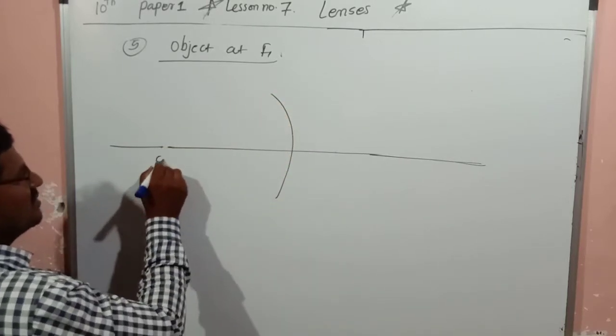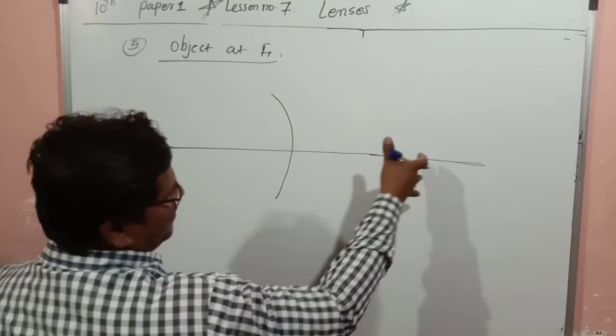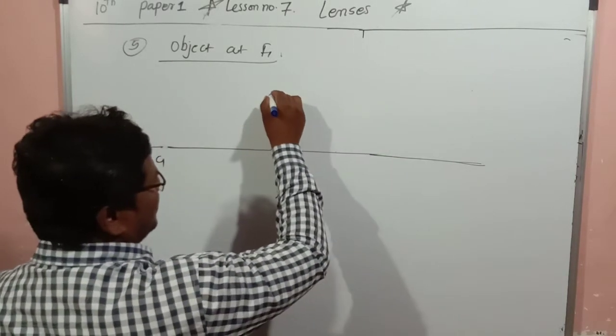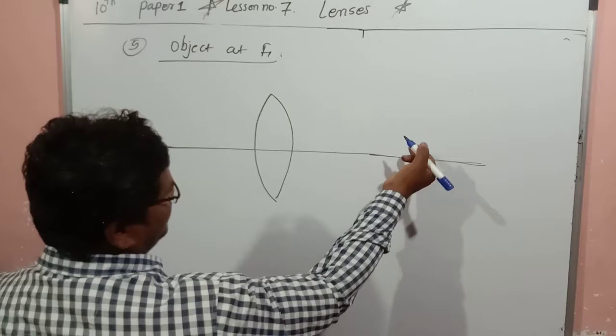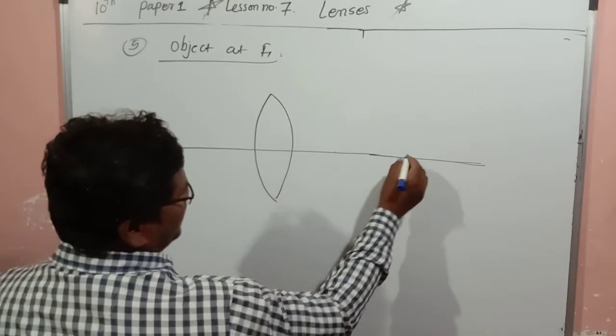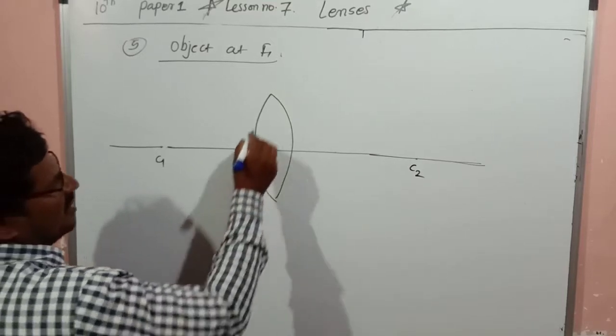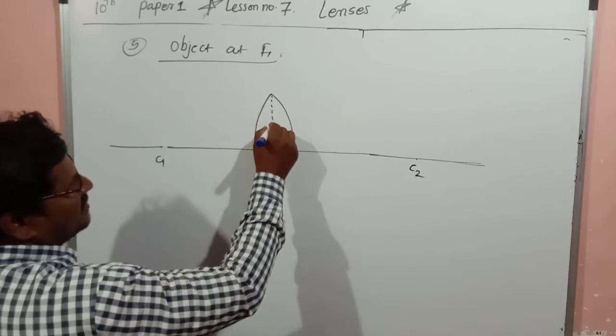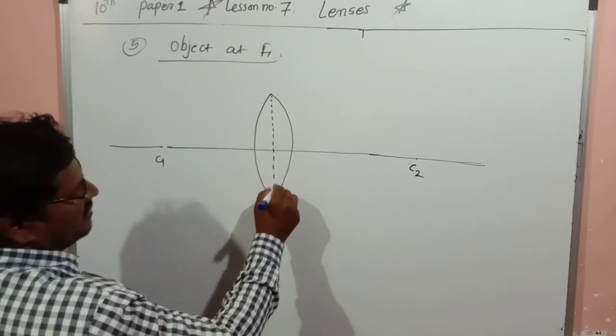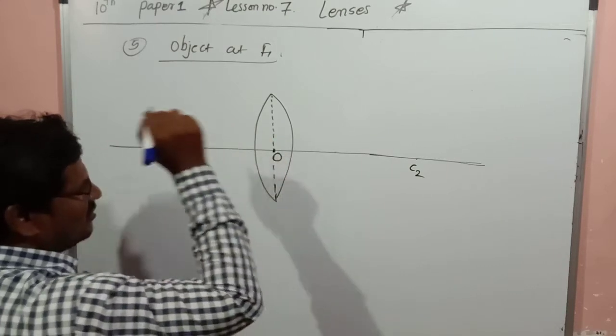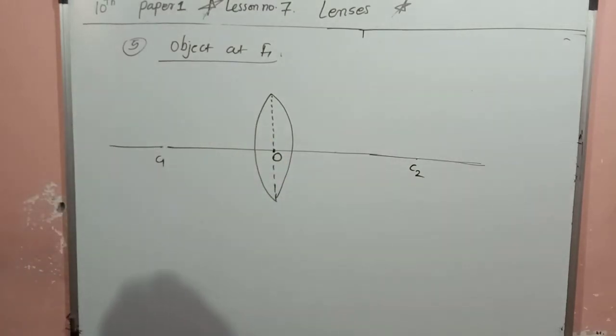Here will be your C1. Take another side and draw one arc this way, taking some distance, and here will be your C2. Now you have to join these two ends, and where they meet the principal axis, there will be your optical center.